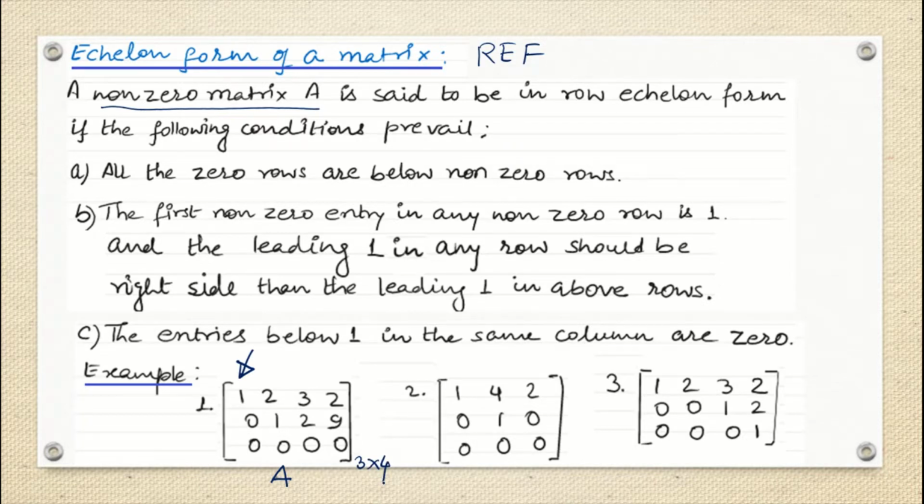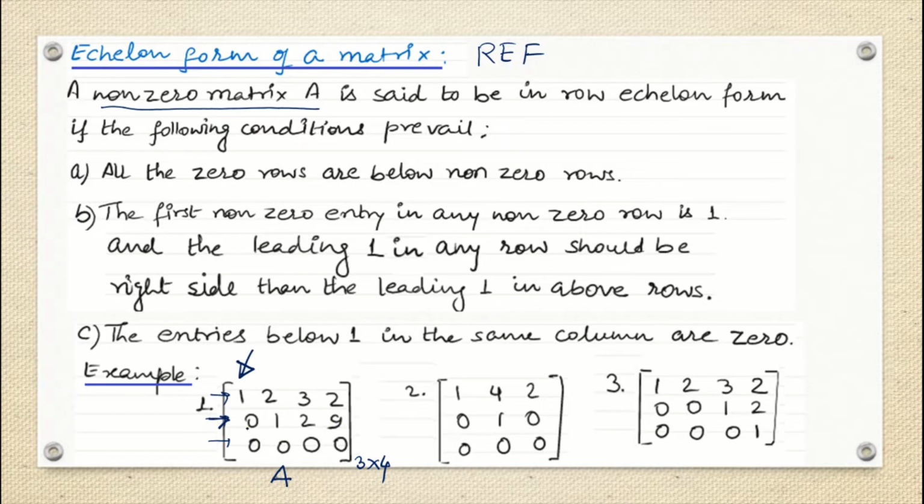Now we are going to check whether zero rows are there in the matrix or not. If they are there, they should be below all non-zero rows. What does it mean? Here we have a total of 3 rows, right? The very first row is not called a zero row. Why? Because here at least one element is non-zero. Eventually here all 4 elements are non-zero.